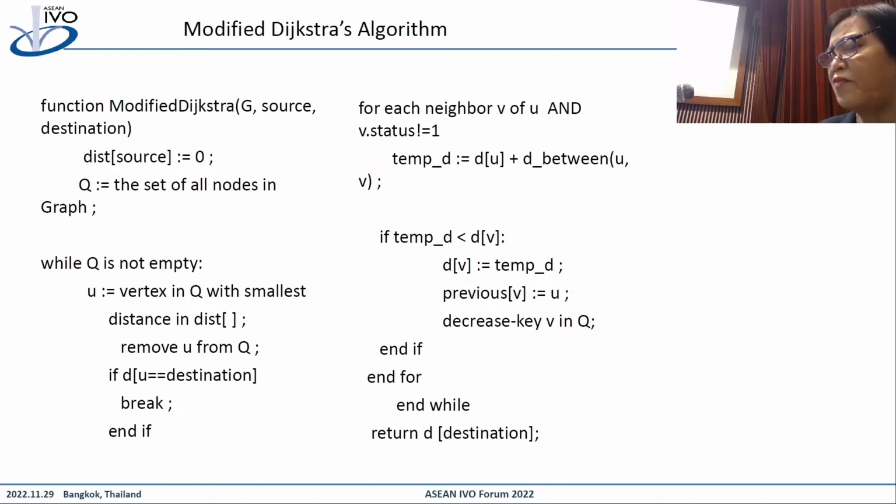We find the distance from the source node to the nearest other node, and if there is a distance smaller than the current distance, we replace the source node with this node. Then we repeat this algorithm, and finally we get the sum of the shortest path.